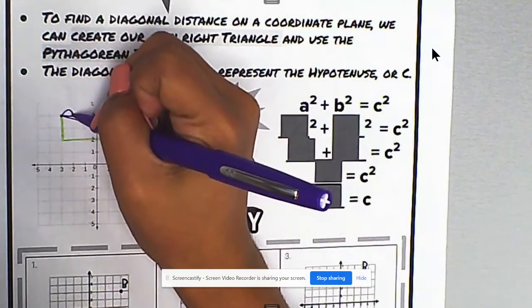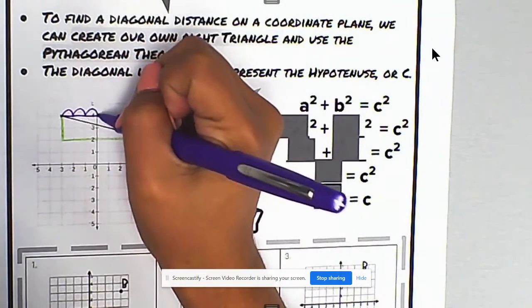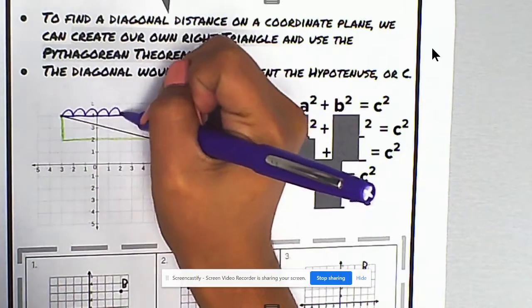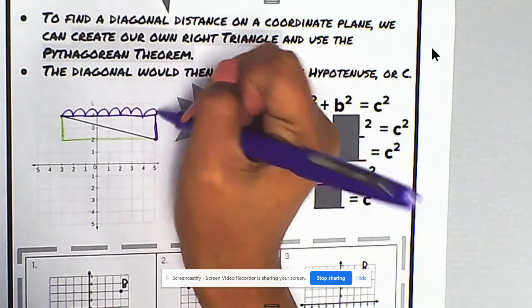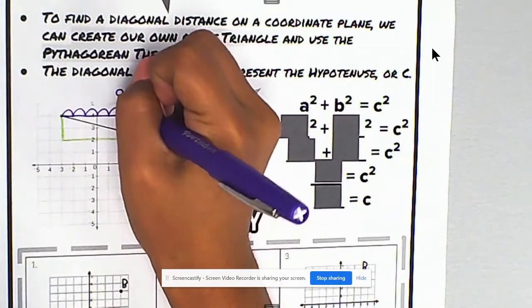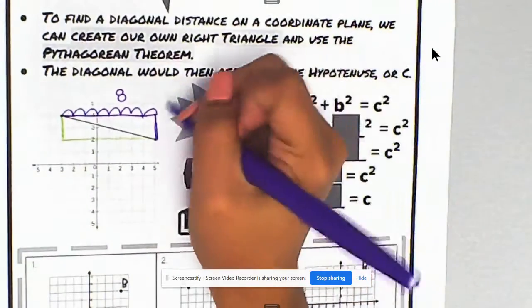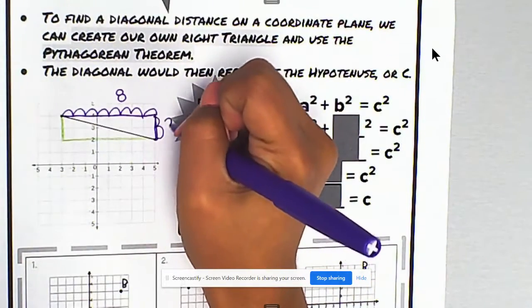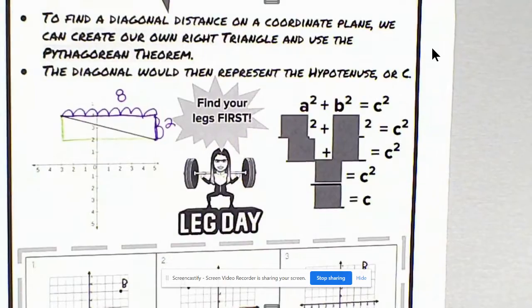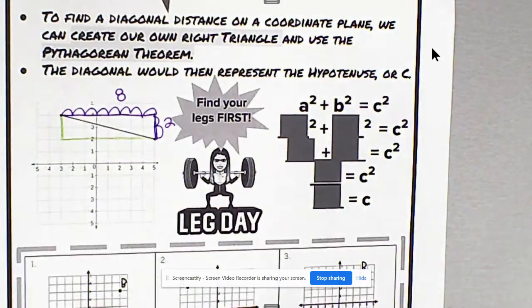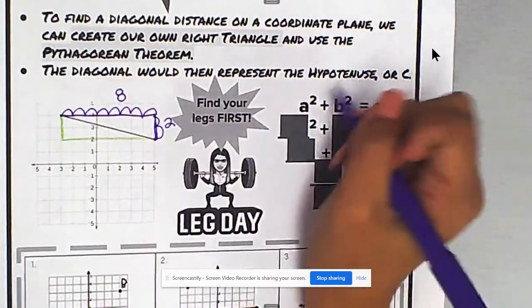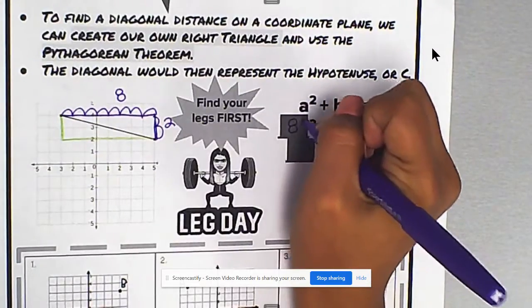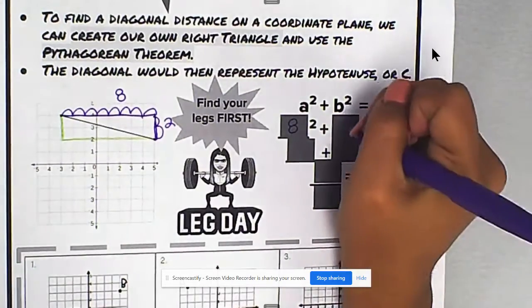Well, this is 1, 2, 3, 4, 5, 6, 7, 8. This is 8. Okay, and then here is 1, here is 2. That's 2. Okay, so I know that my legs are going to be 8 and 2. So I'm going to go ahead and put 8 here and 2 here.